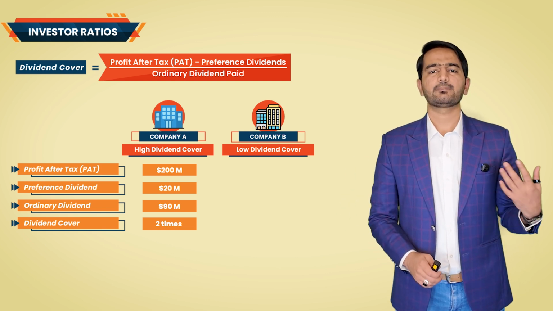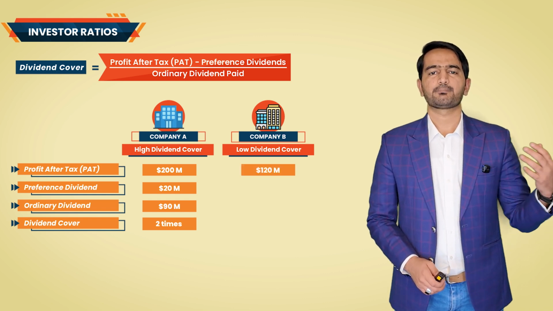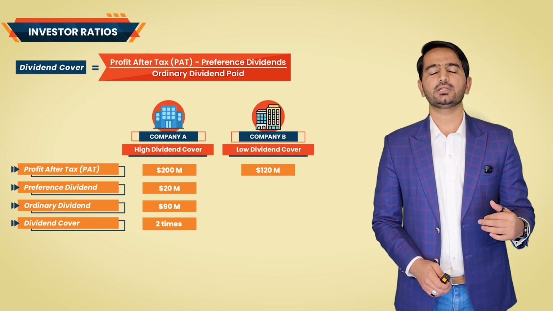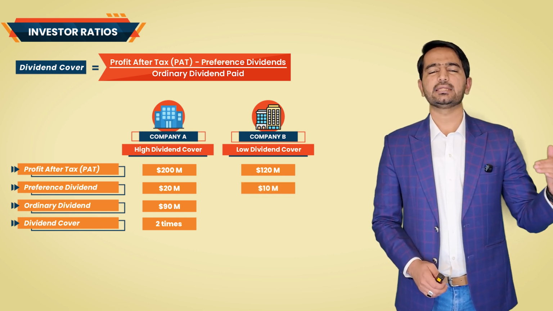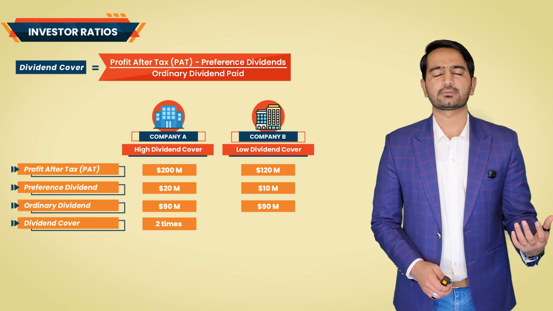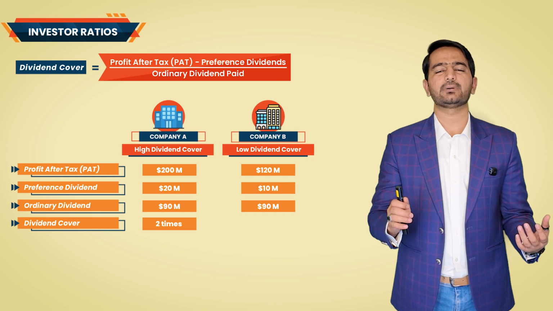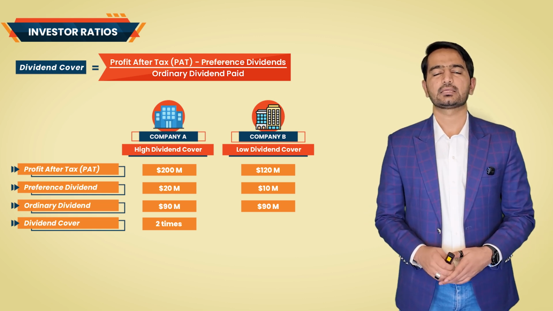Let's say Company B has profit after tax of $120 million. Preference dividend is $10 million and ordinary dividend is $90 million. Dividend cover would be calculated as $120 million minus $10 million divided by $90 million.